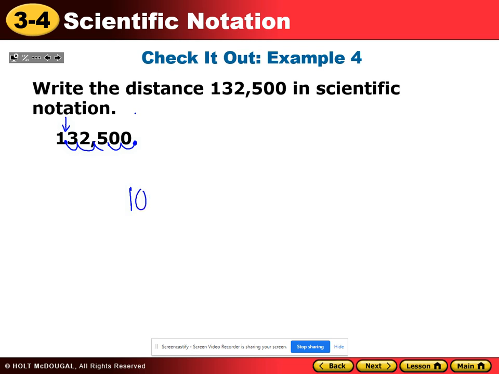That means 10 to the 5th. 1.325. I only write these because they're non-zeros. Okay? There is one other example I really like to show you, and we will probably do that. 1.325 times 10 to the 5th.